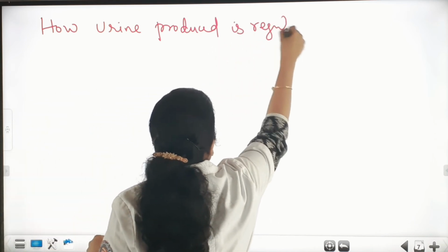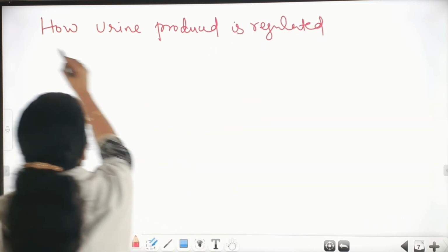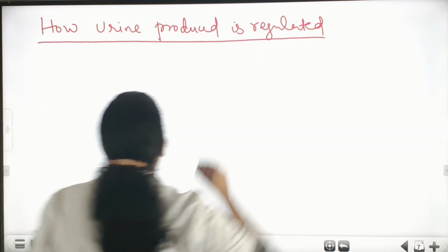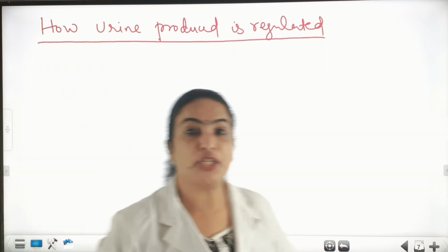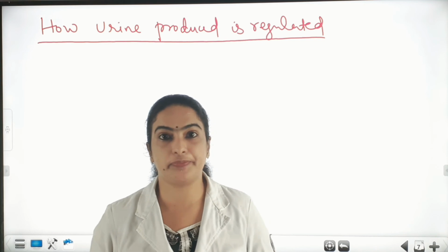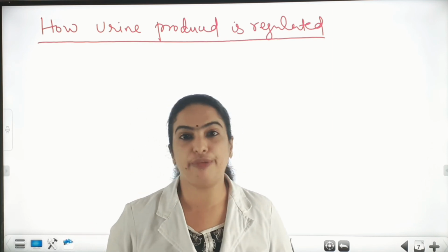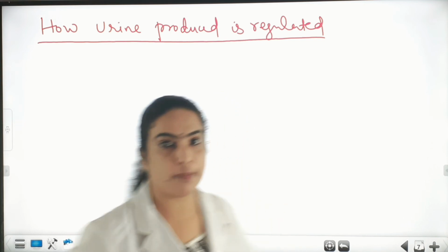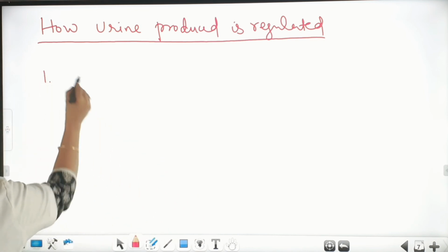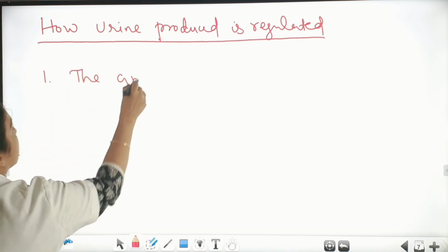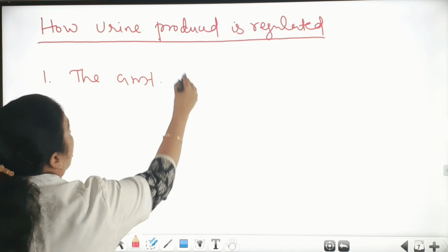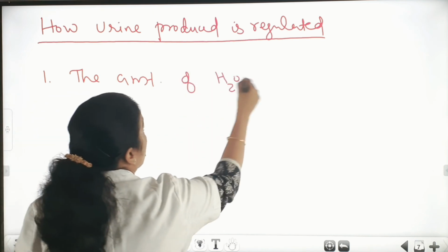It's an important question. So, the amount of urine produced is regulated by the amount of water reabsorbed. So, it depends on the amount of water reabsorbed.